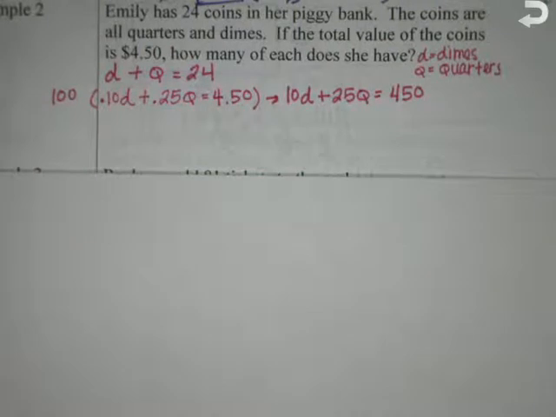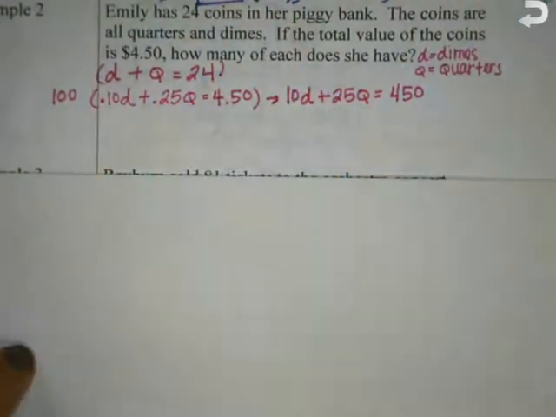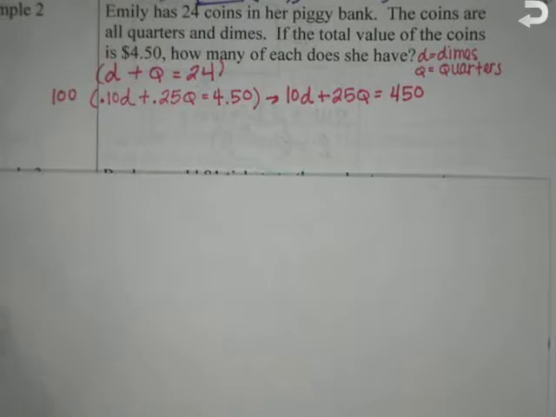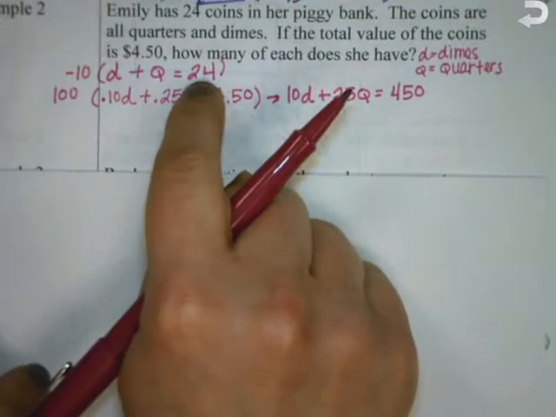Do we want to try one using substitution method, or go straight to elimination? Okay, so that means we need to multiply this top one by what? Negative. You want to eliminate quarters or dimes? 25, negative 25. I think dimes might be easier, only because it's easy to multiply 24 by 10. 24 and 25 is going to be gnarly.